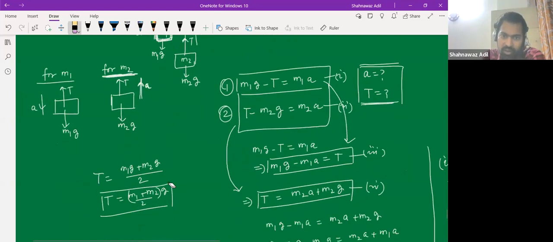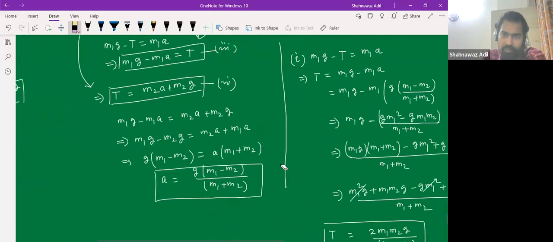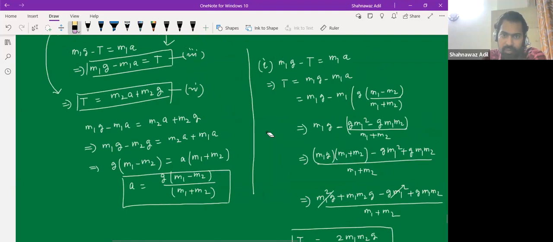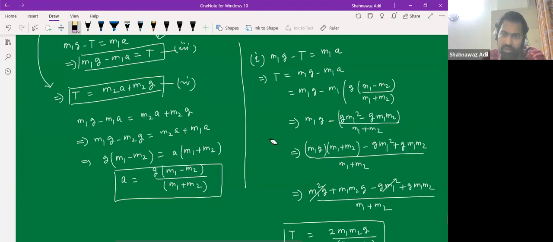Done, sir. Is this okay? So this is a general formula. Okay, guys. Whenever you have a pulley system and the masses are hanging, so this is the general formula.